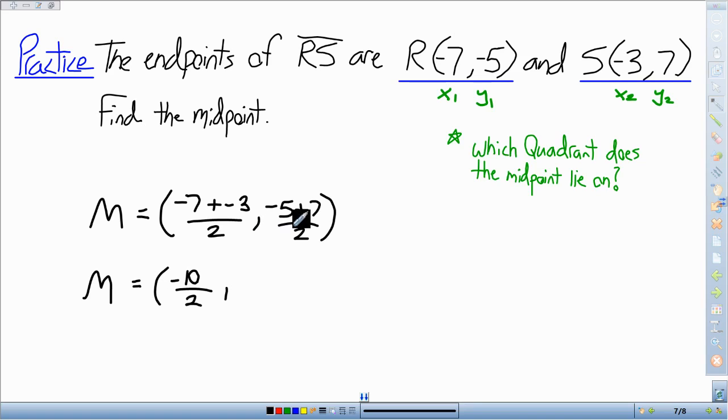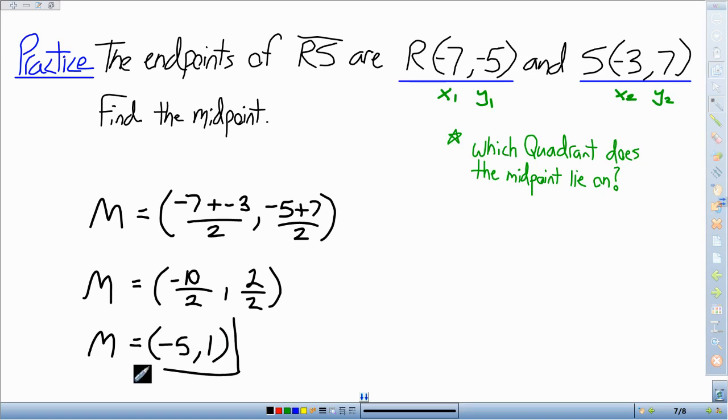Then -5 plus 7. Sometimes it's easier to look at it in reverse: 7 minus 5 is 2 over 2. These divide evenly, so we can do this in our head. -10 divided by 2 gives me -5, and 2 divided by 2 is 1. There is my midpoint.